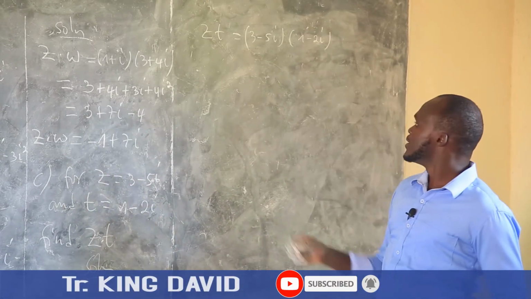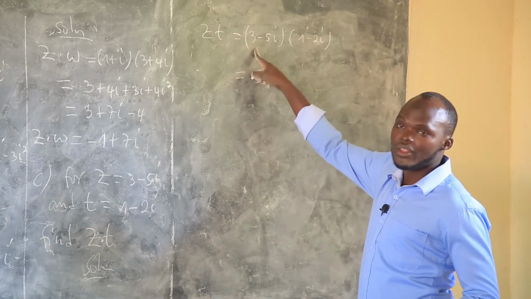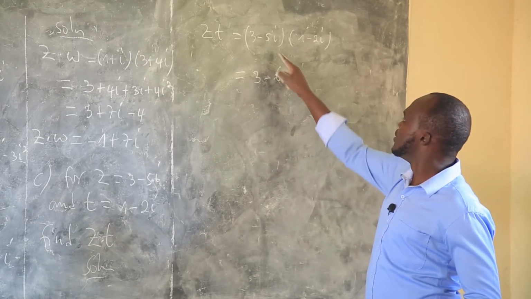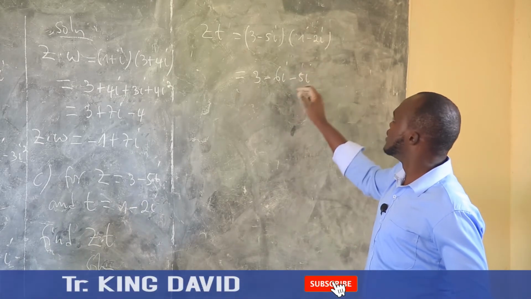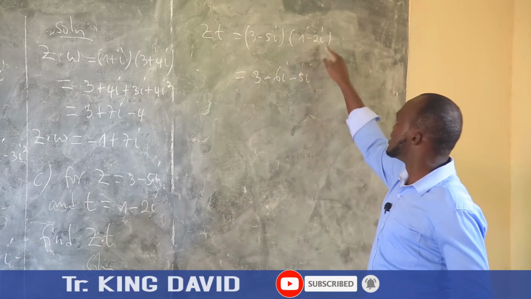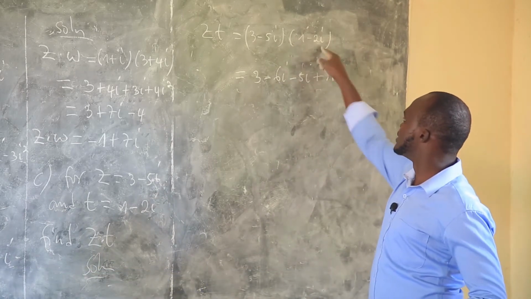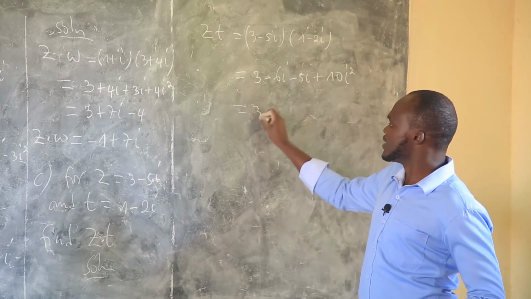So now, 3 times 1, it is 3. 3 times negative 2i, negative 6i. Negative 5i times 1, minus 5i. Minus 5i times negative 2i. Negative times negative becomes positive, that is 10. i times i, that is i squared. So now this is 3.